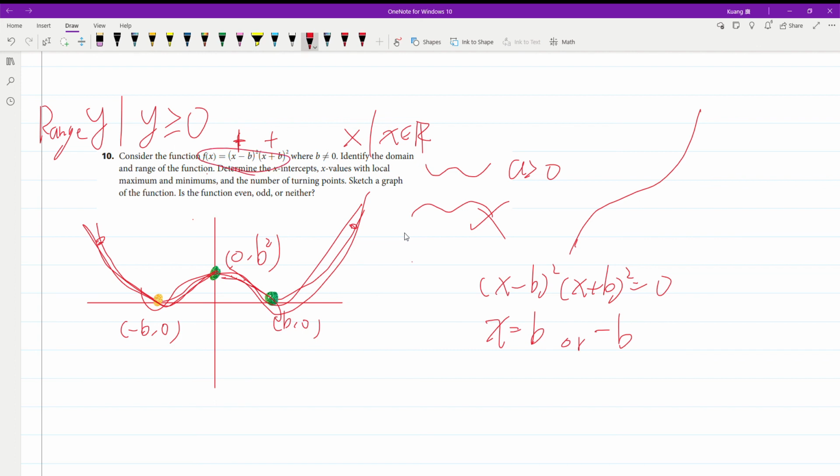If you want to check by the function itself, you plug f(-x) into the function.